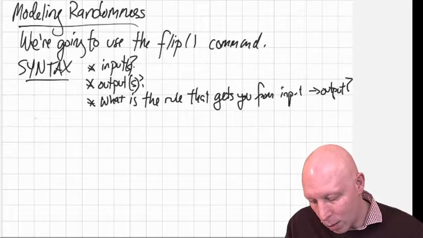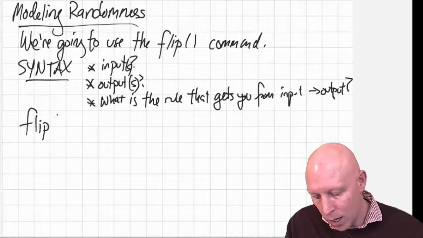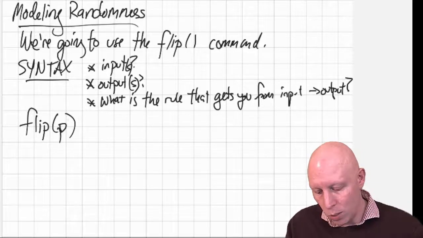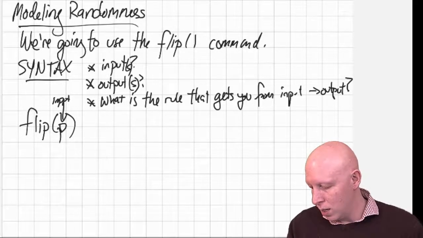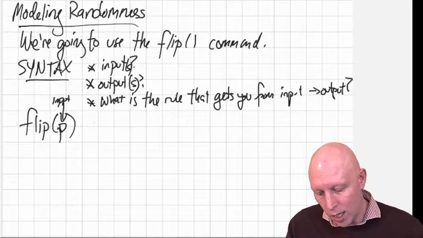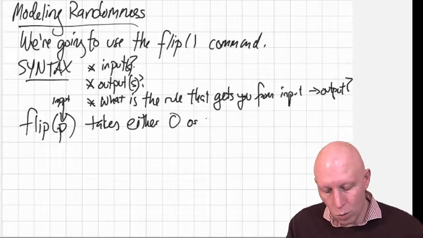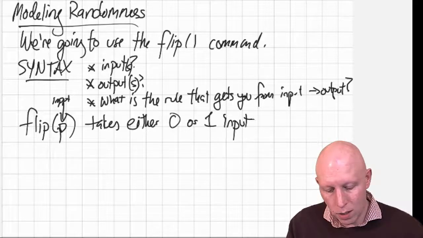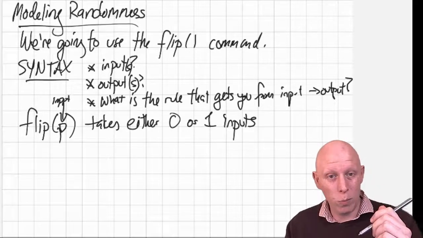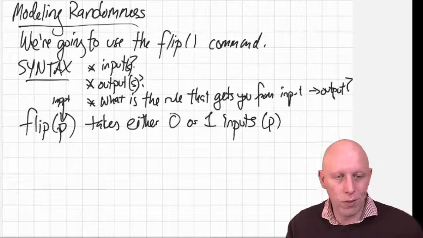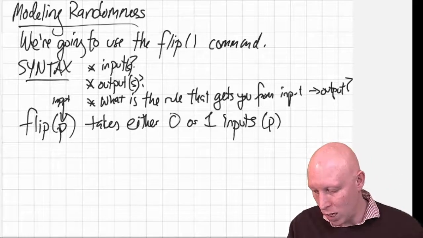So let's talk about flip of p. You can see here that there's an input. Flip takes either 0 or 1 inputs. So you could either put in no inputs or you can put in 1 input. If there's 1 input, that's what we're going to call p.